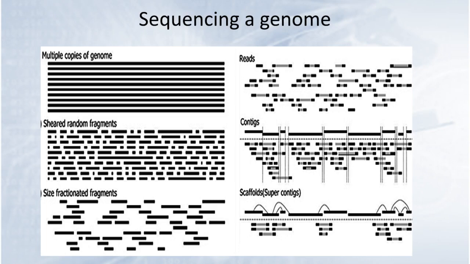Okay, and so there are mechanisms, we won't talk about them too much in this context, of using other information to put the contigs together into what are called scaffolds.